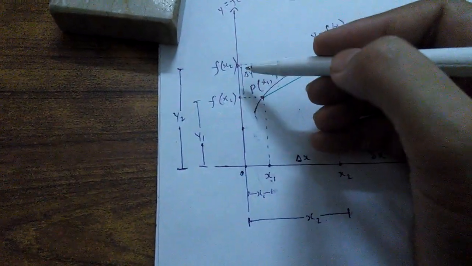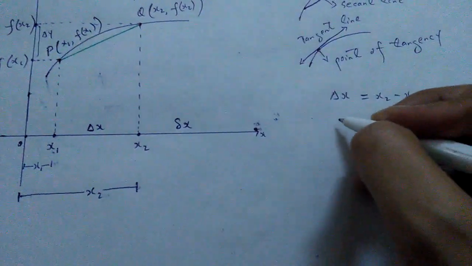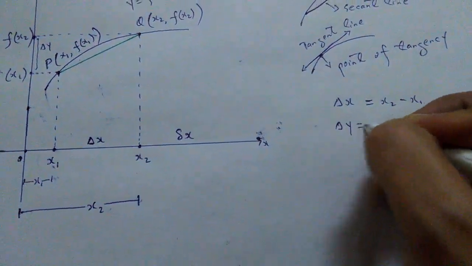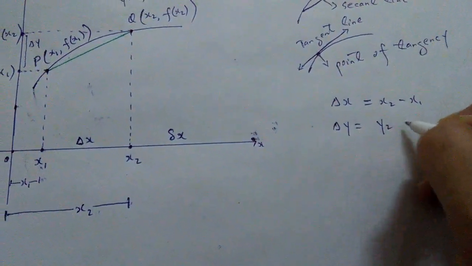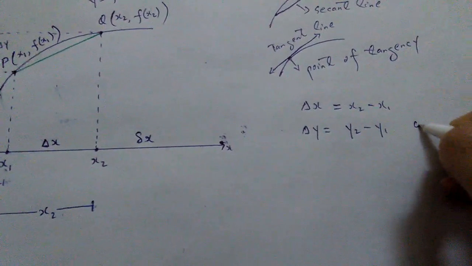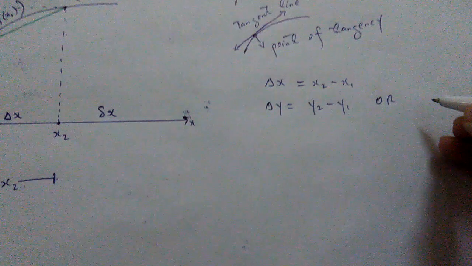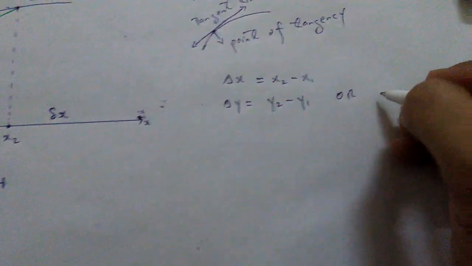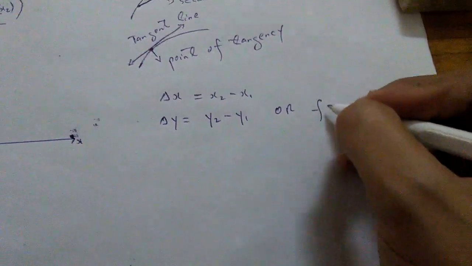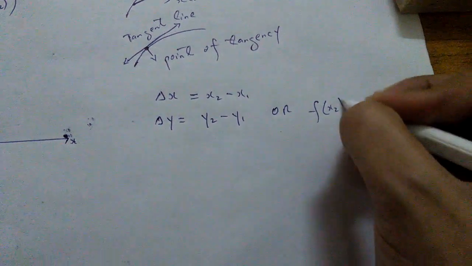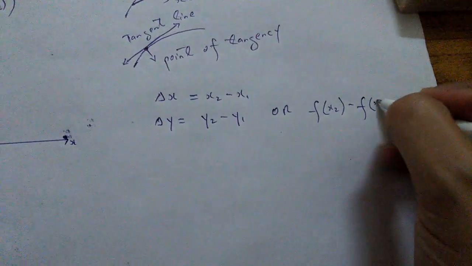as your del y. Also we are going to represent it with another form. Let me write it over here. So this is your del y, and it is the difference of y2 minus y1, or I can also write that my del y is the difference of f of x2 minus f of x1.